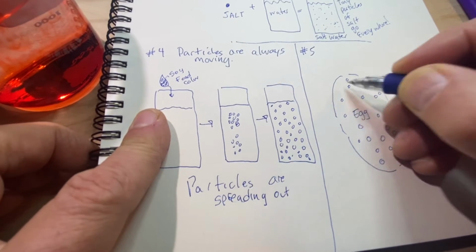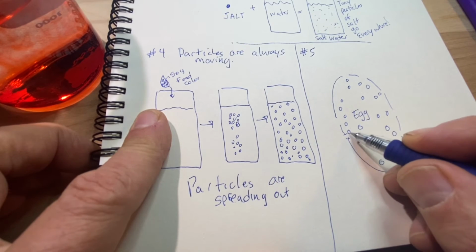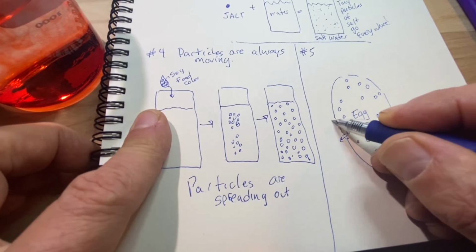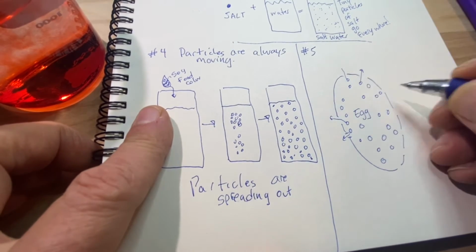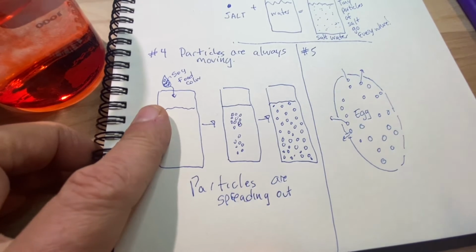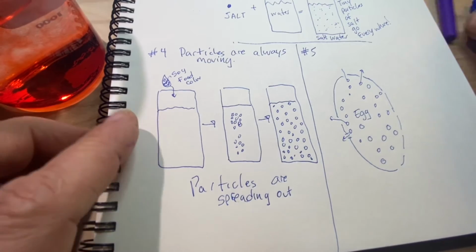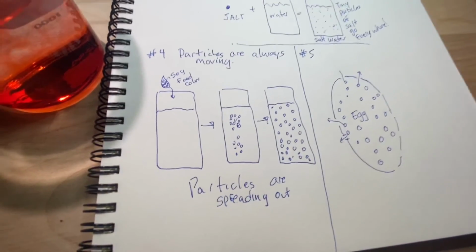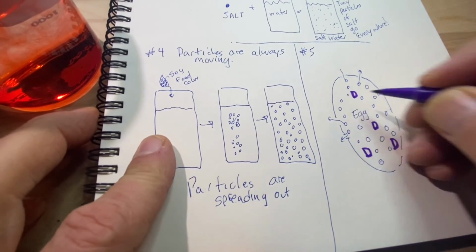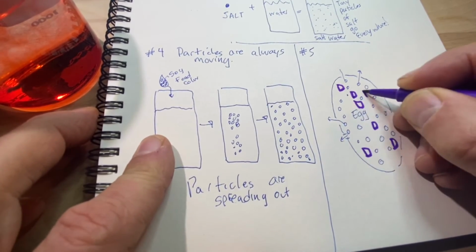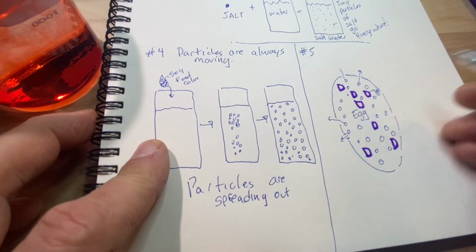And the water particles are smaller than the holes in the membrane of the egg, so the water particles can escape. Okay? But there's other particles in there that are bigger, like protein and things like that. And those are too big, so they can't get out, right?